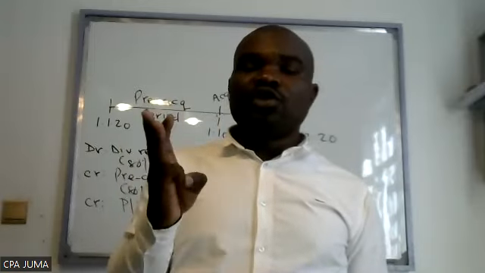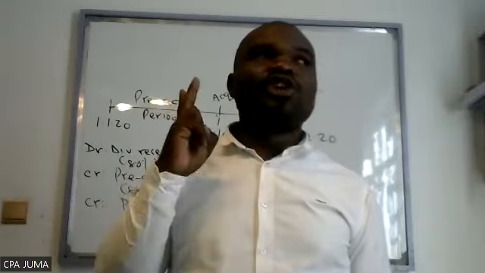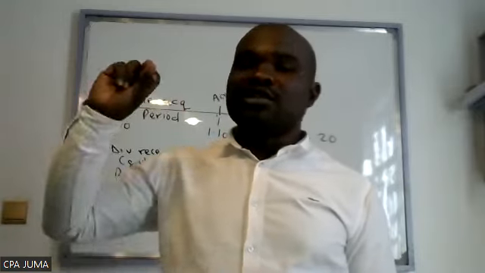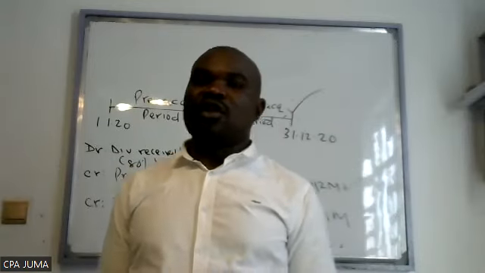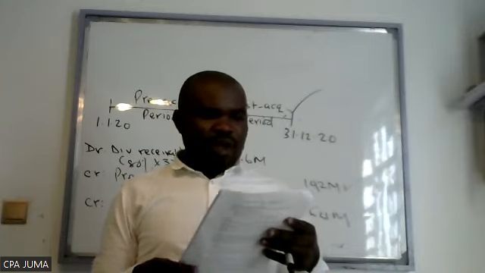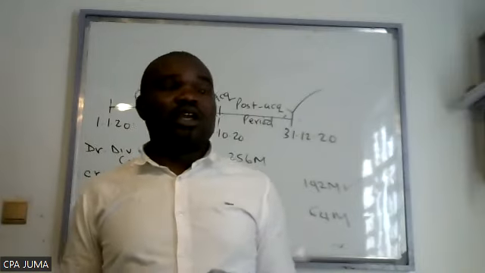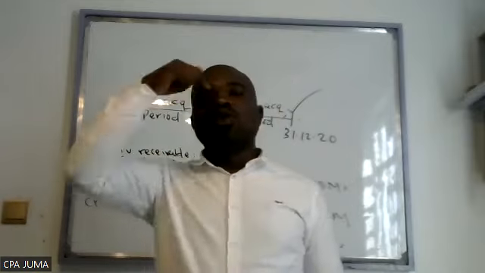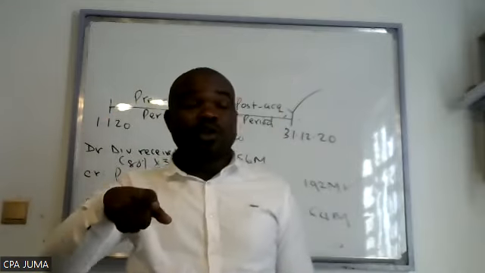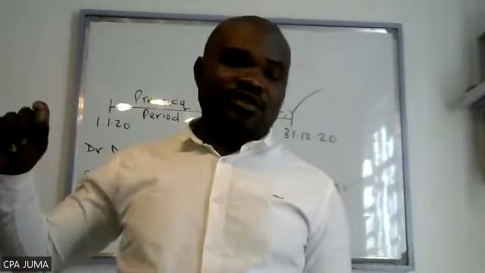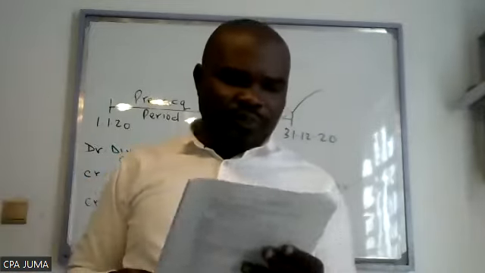So where you don't have control, neither do you have joint control, then you have significant influence. And I want you to go and check the indicators of significant influence, because I gave them to you in IAS 24 when we were doing related parties.